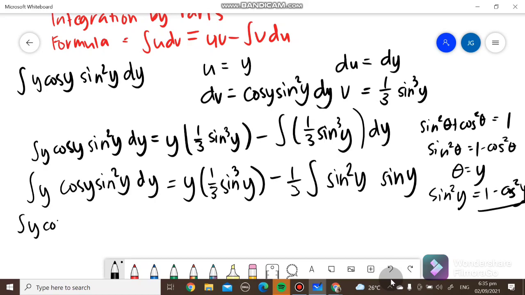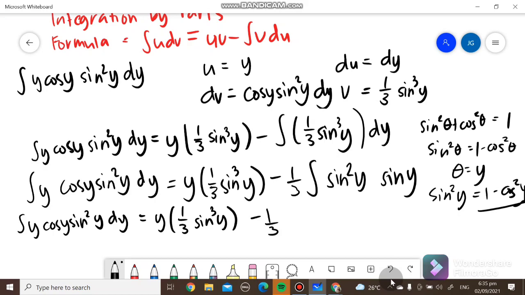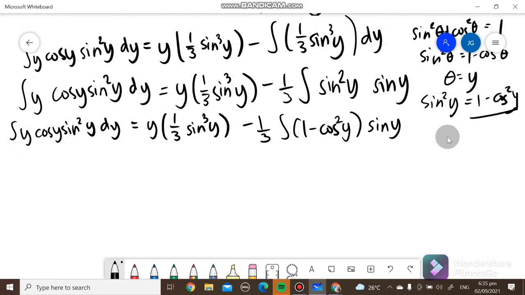So, we obtain the integral of y cosine y sine squared y dy is equal to y multiplied by 1/3 sine cube y minus 1/3 the integral of 1 minus cosine squared y multiplied by sine y. Okay? With that, we distribute the sine y. Just copy the 1/3 all throughout.